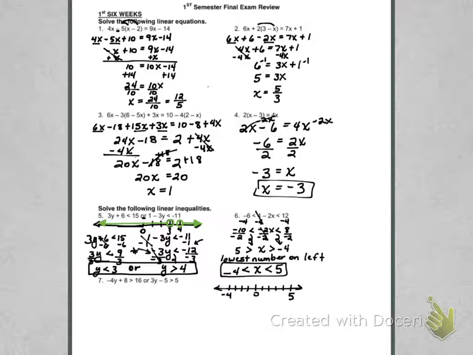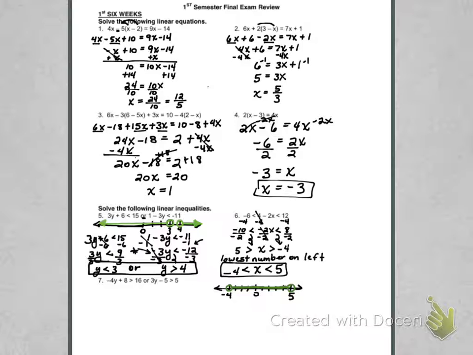So we've got an open circle, and x is going this way from negative 4, but it's less than 5, so it's got to be this way from 5. So my solution set is all those numbers between negative 4 and 5. That's what it would look like if it's graphed on the number line, as opposed to arrows that were pointing outward away from each end.